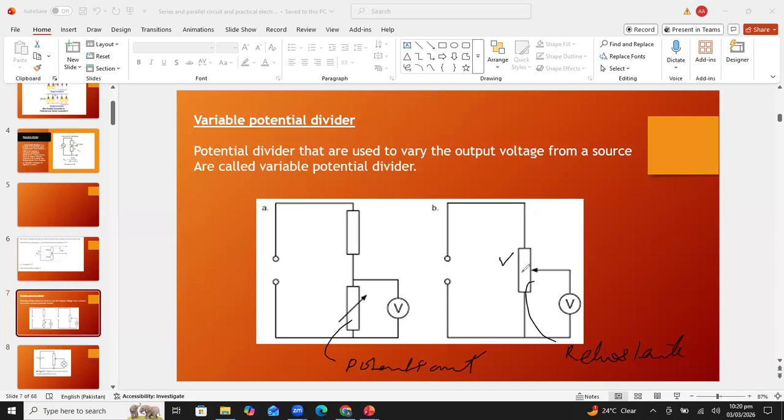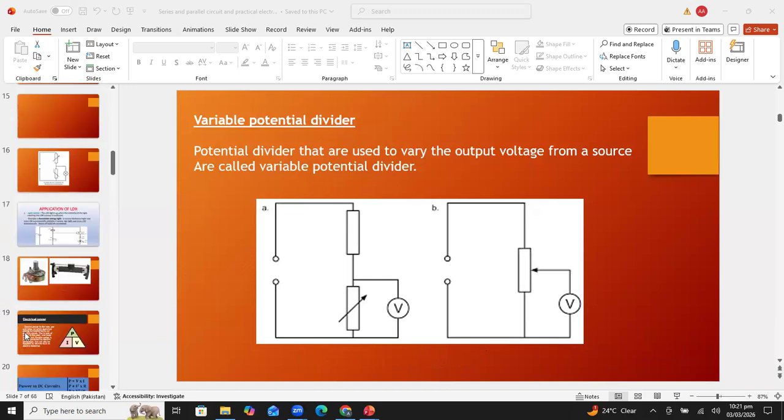And this is the movable contact. If we keep the contact at the lower position, it means resistance is minimum. If I keep the contact at the middle of this value, it means resistance is exactly half. And if I keep this contact at this position, it means resistance is maximum. So you can see, beta, this is a rheostat and we can vary the resistance by using a rheostat.